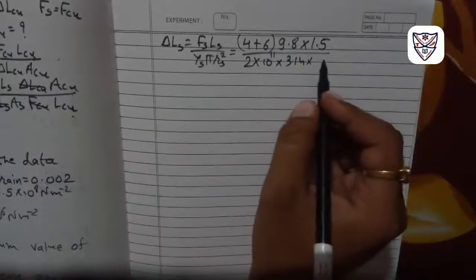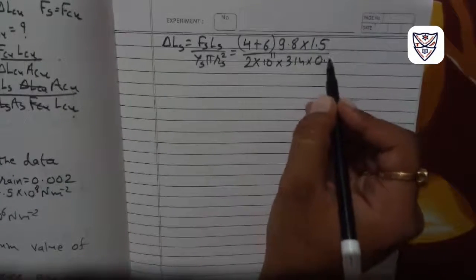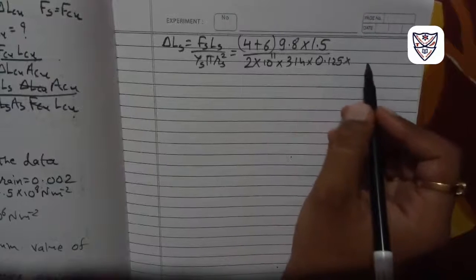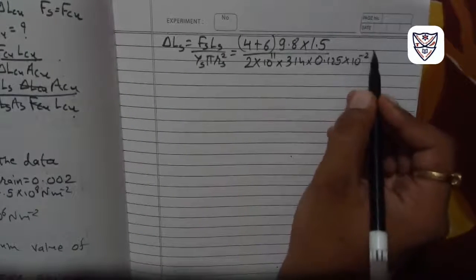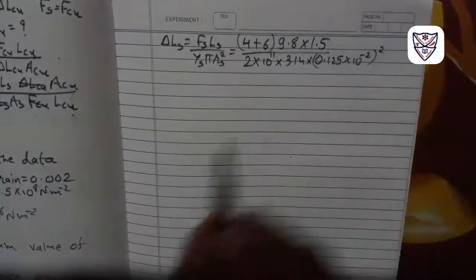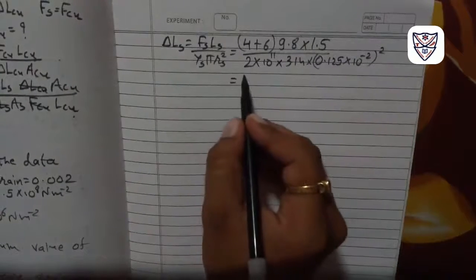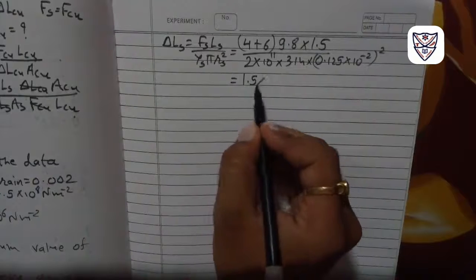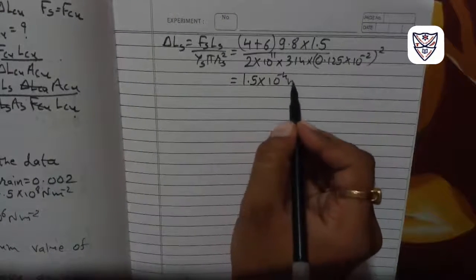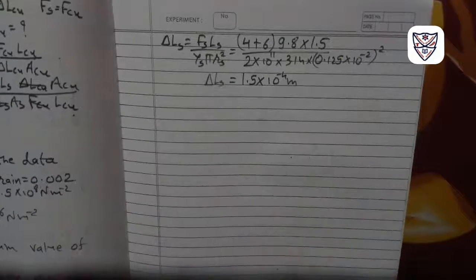Radius, diameter by 2, will be 0.125, and we have to convert it into meter, so 10 raised to minus 2 whole square, right? By all the calculation we get 1.5 into 10 raised to minus 4 meter. So that is the elongation in steel wire.